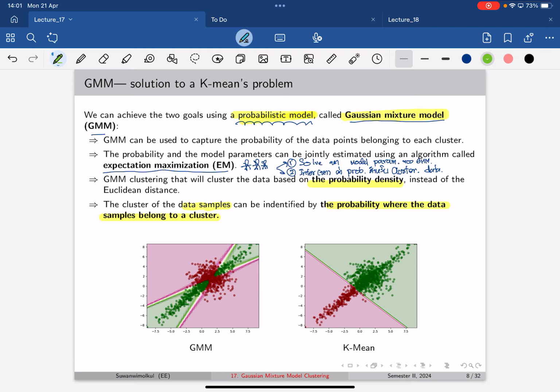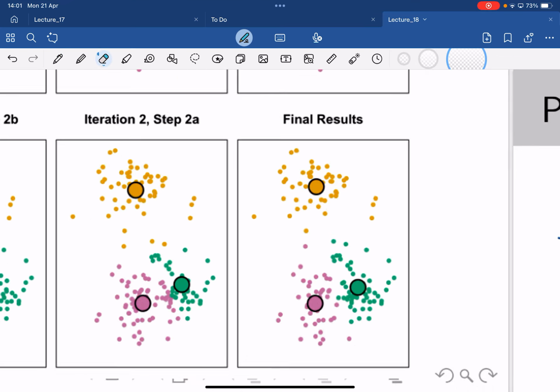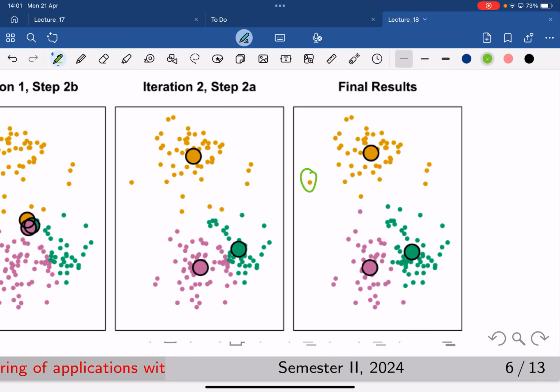Another thing about K-mean is that it cannot tell whether or not the point that is included into the cluster, let's say this one, is essentially a data point or noise. This is another weakness of the K-mean algorithm.